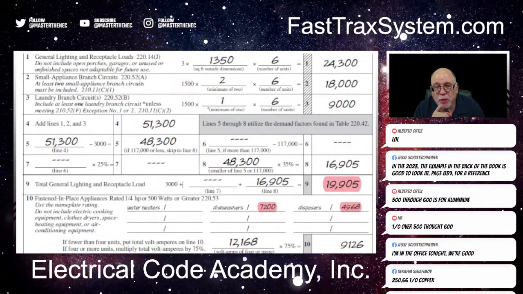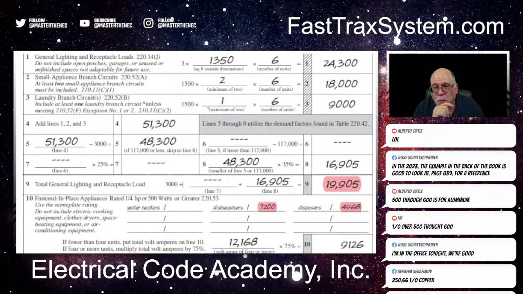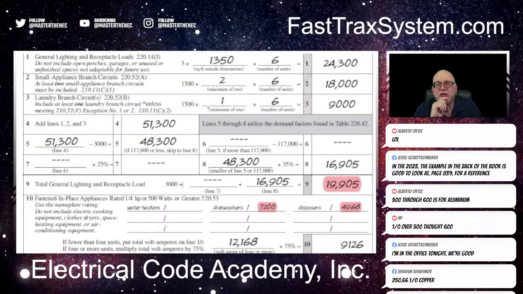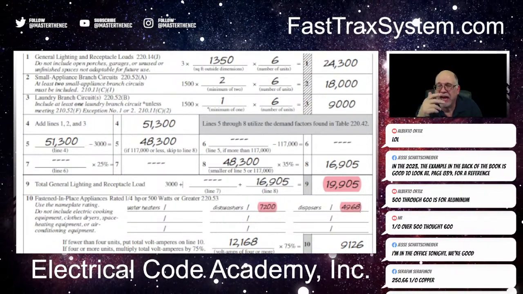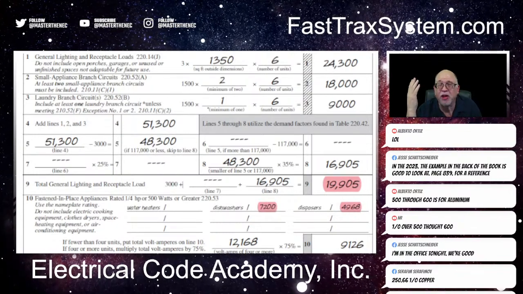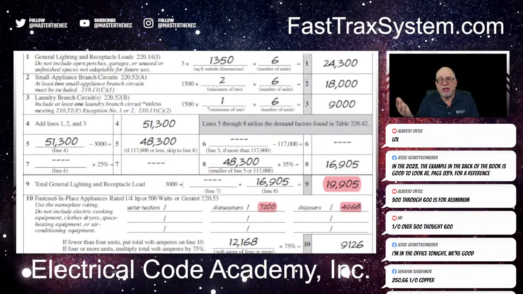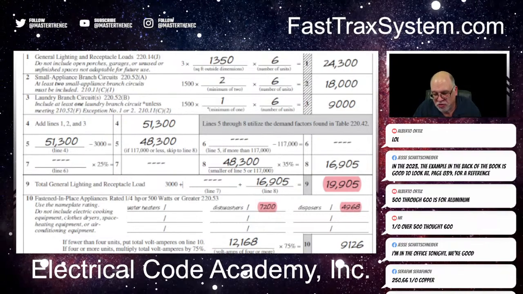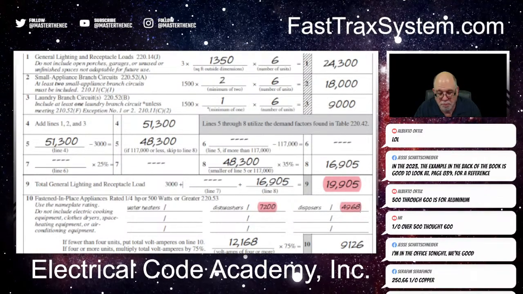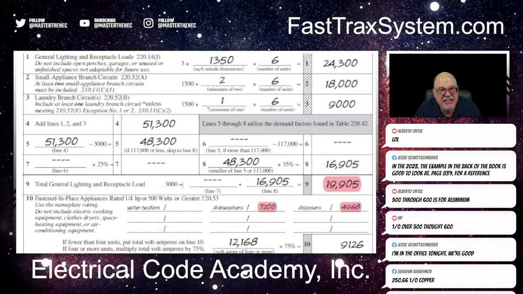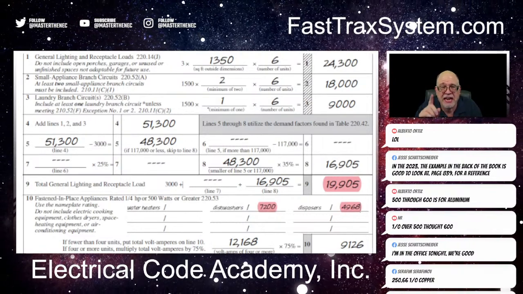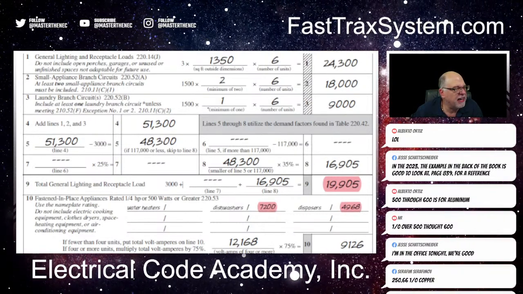For those that were here when we did the standard method, when we have 4 or more appliances, we get to apply 75% demand to that. Yes, it also applies to the neutral. Why shouldn't it? So we take that 7,200 plus the 4,968, and that gives me 12,168. That's what this number is right here.